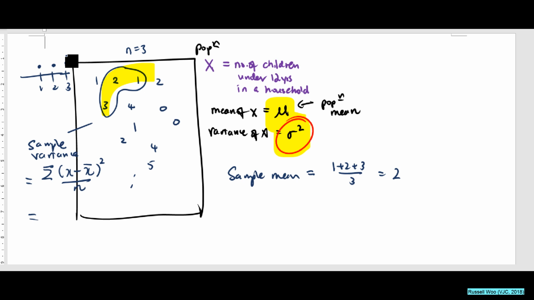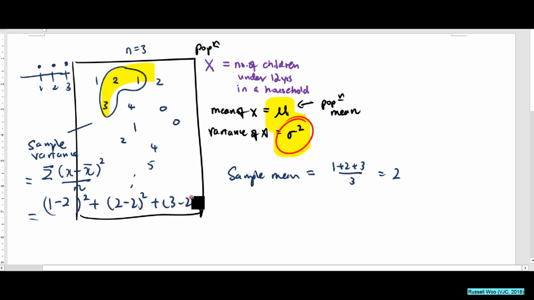It actually tells us the average squared distance from the mean. Does it make sense? If I write down the formula, 1 minus 2 square plus 2 minus 2 square plus 3 minus 2 square divided by 3. Can you imagine if all the values are far away from the mean?